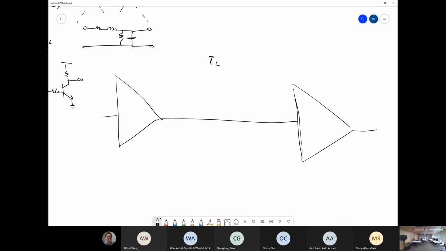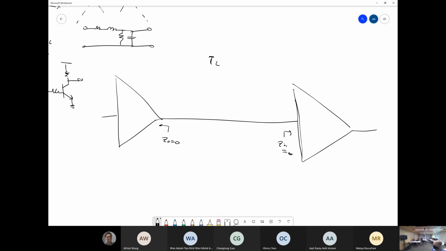Looking into here is approximately infinity, because it's an ideal amplifier, so your input impedance is infinity. Looking into here is 0, because for the ideal amplifier, your output impedance is 0.